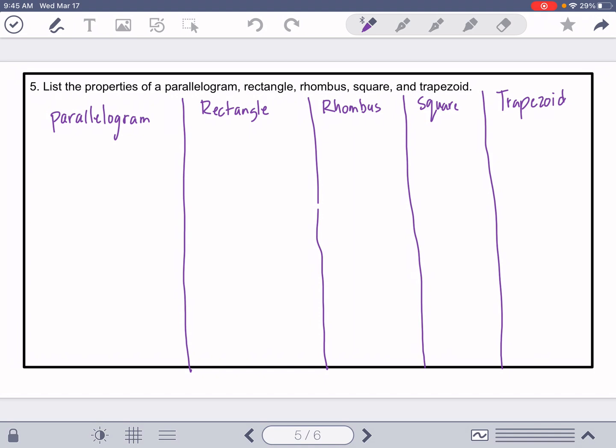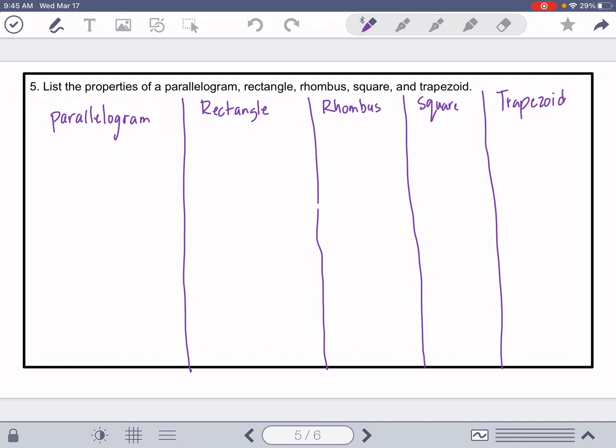All right, so these are the properties that we had in our notes. Now my iPad is not going to let me go back. It's not as friendly as the computer is about letting me go back and showing you what those properties are. So what I'm going to do is tell you where you can find those properties.